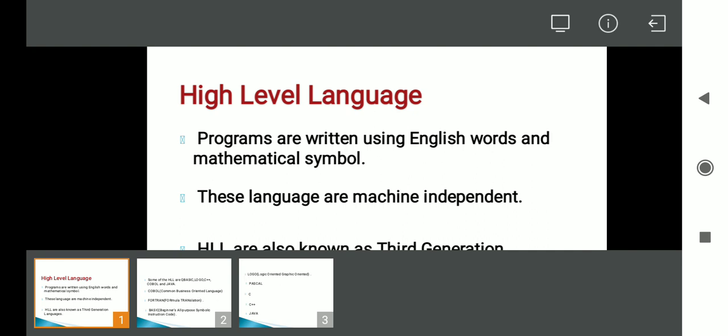What is the meaning of machine independent? Earlier, machine language was used for a particular hardware, working for a particular architecture. It means whenever they write a program, it is based on the hardware. So this is particular to a single PC.